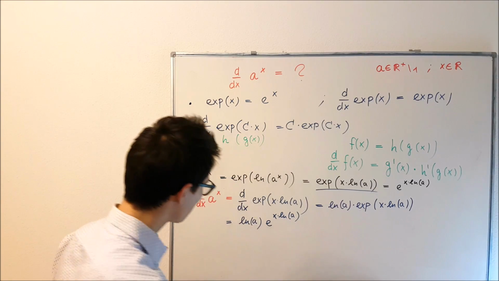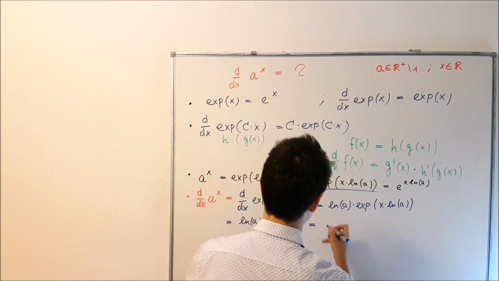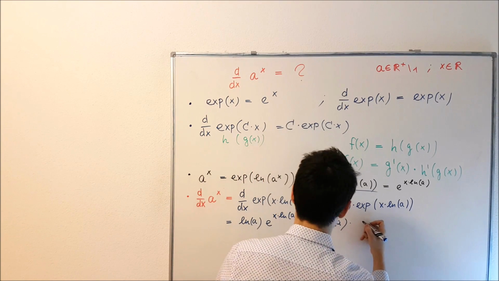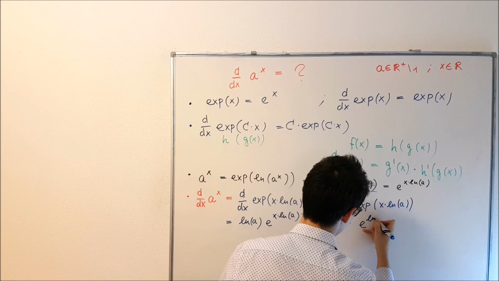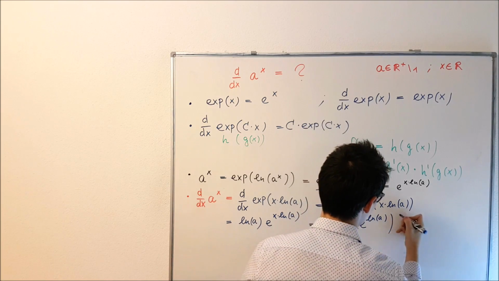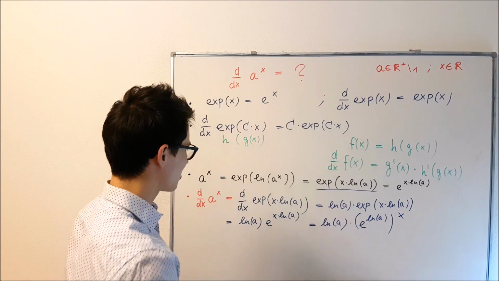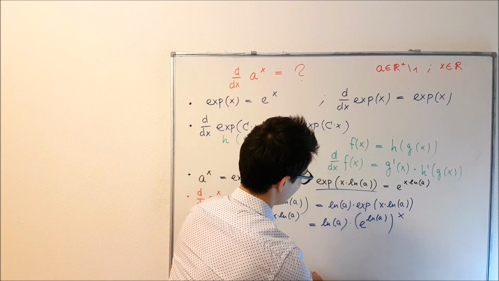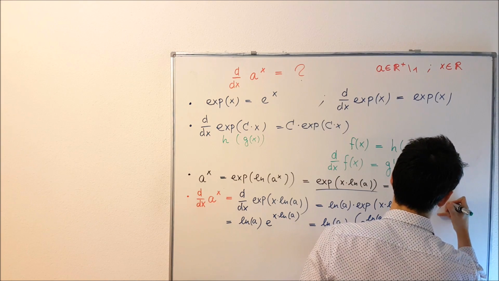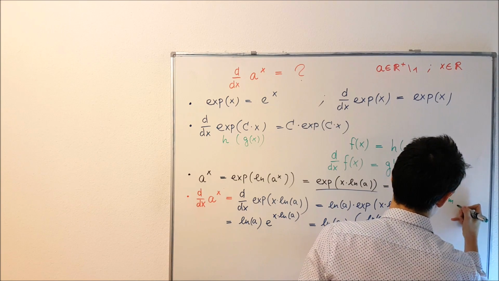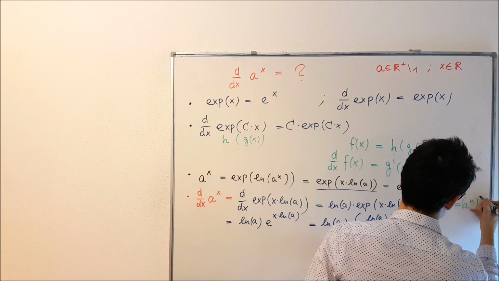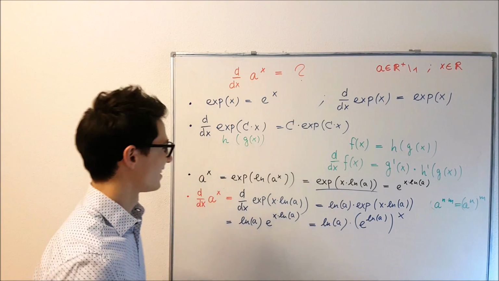And this we can also write as ln of a times e to the power ln of a, and this to the power x. I hope you know this rule, that if you have a to the power n times m, this is the same as a to the power n to the power m.